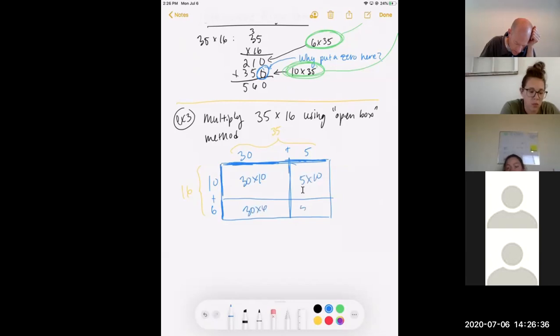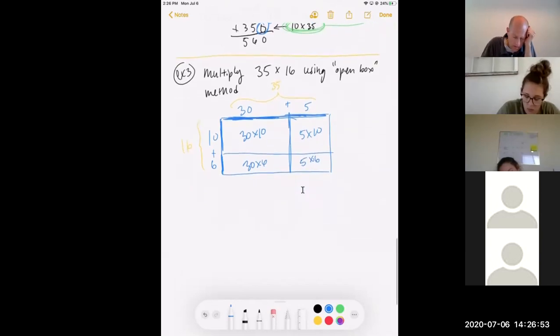This one is 5 times 6. Okay, so you see how you break up a whole rectangle, which you want to find the area of, into certain parts to make the multiplication easier. Now what you're going to do is add them together.